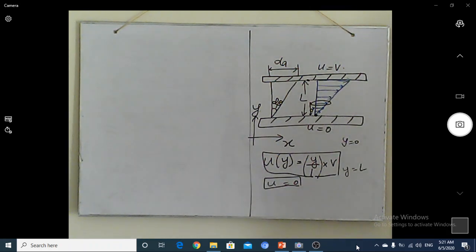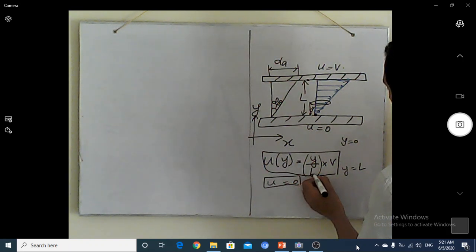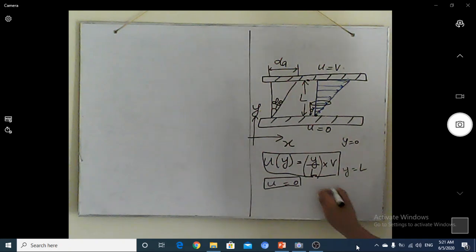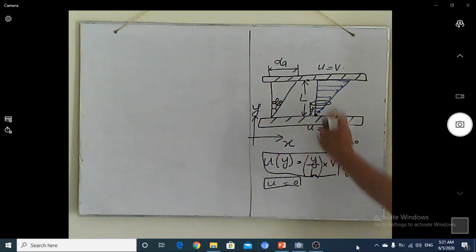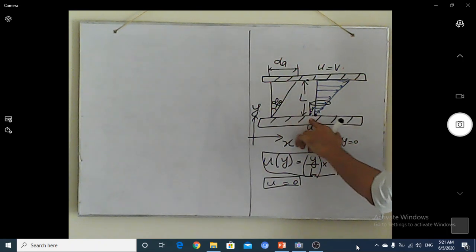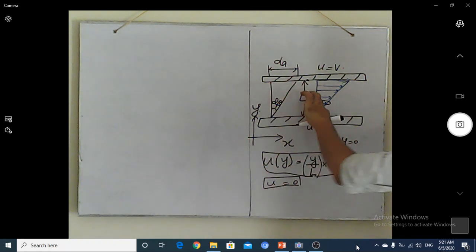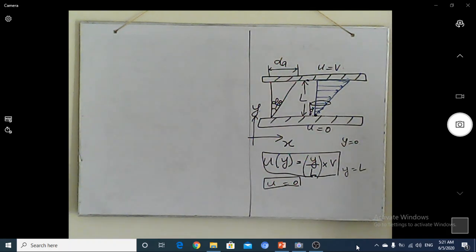This equation can be used to determine the velocity of any layer at a distance y from a stationary solid surface to a particular part.